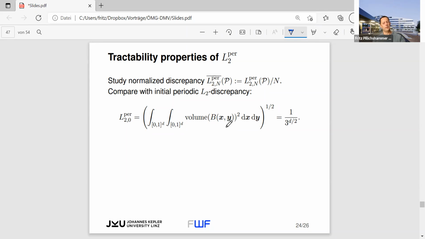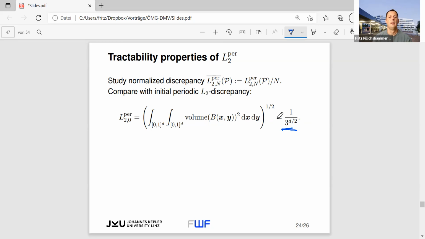And for this special instance, it's an easy exercise. It's easily seen, an exercise in an analysis course, that it's 1/3 to the d half. And what we observe here is that already this initial periodic L2 discrepancy decays at an exponential rate in the dimension. And this will cause some problems later on.